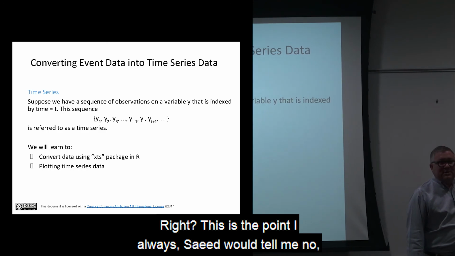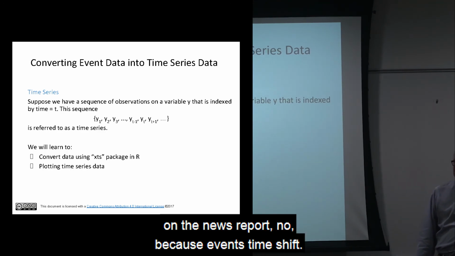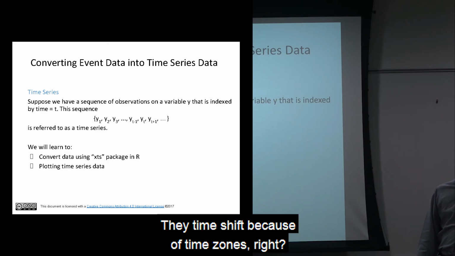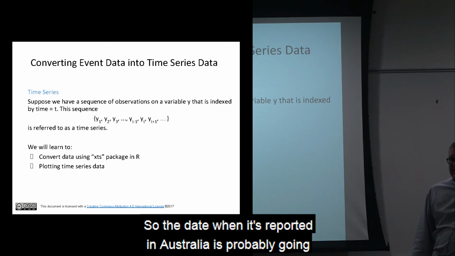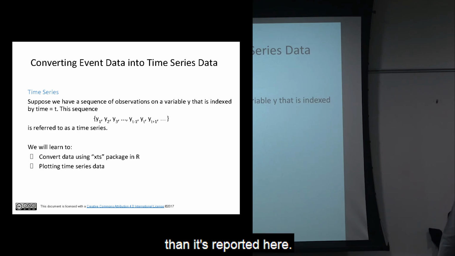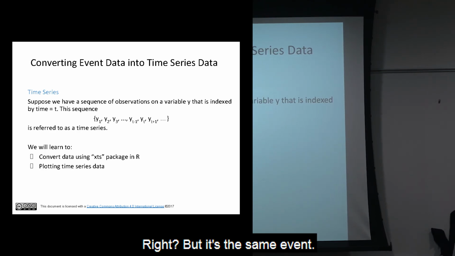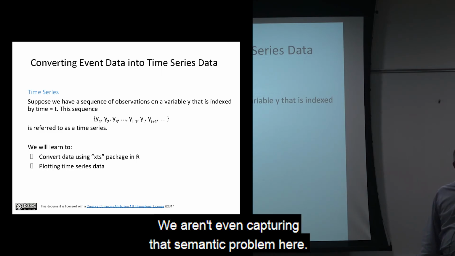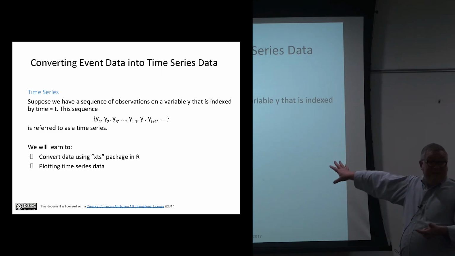Saeed would tell me, no, an event has a date, whatever date is on the news report. No, because events time shift. They time shift because of time zones. The date when it's reported in Australia is probably different than the date it's reported here, but it's the same event. You also get date shifts because it takes a while for the event to get from the field. We're not even capturing that semantic problem here.